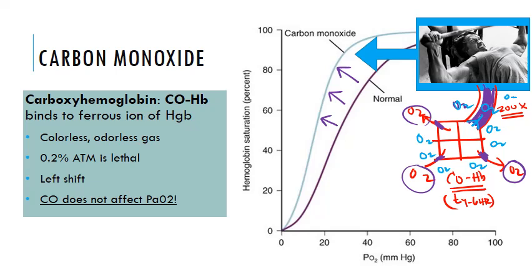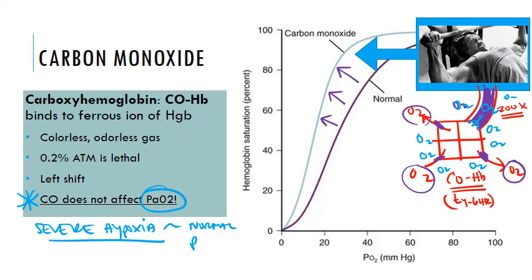So an interesting point to know is that people with carbon monoxide poisoning have severe hypoxia. And they have severe hypoxia despite having a normal arterial PO2.